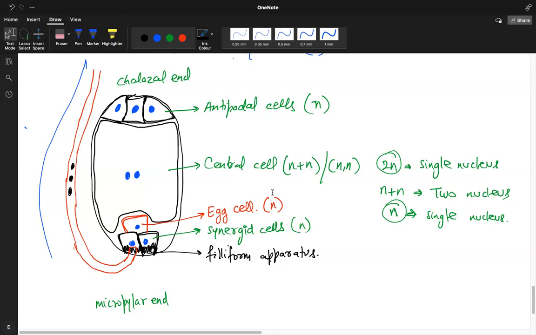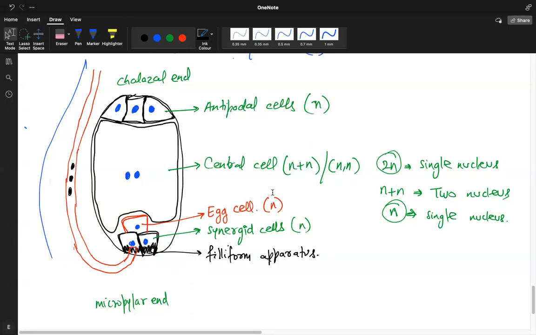The cell wall is this thickening. What I'm talking about is the filiform apparatus, and this thickening is like a guard, like a bouncer at the gate of any club or any party. So no unauthorized entry is permitted.